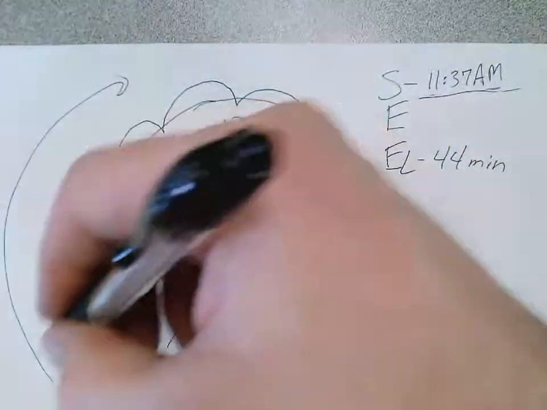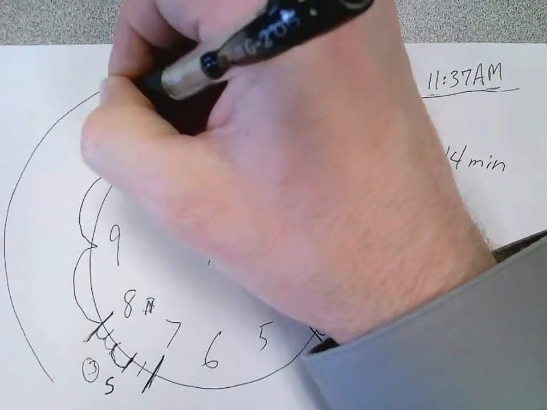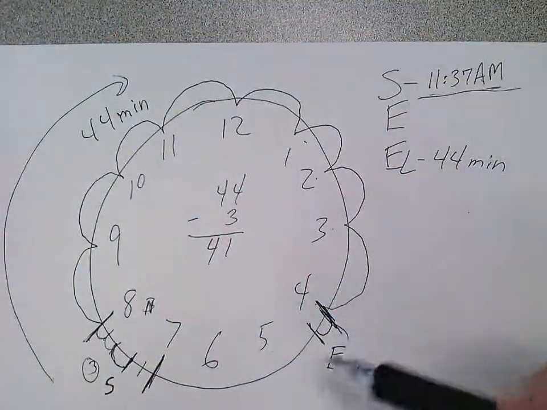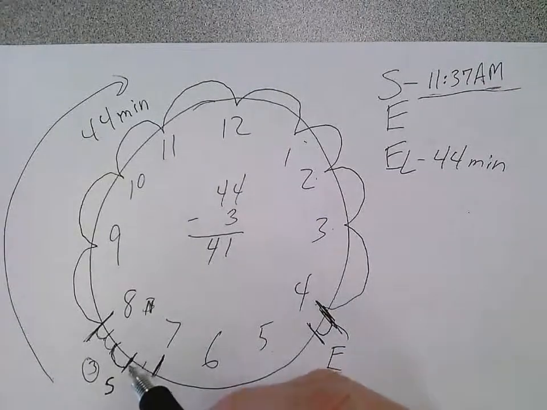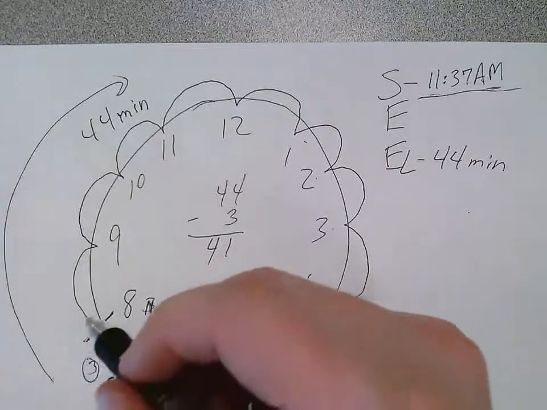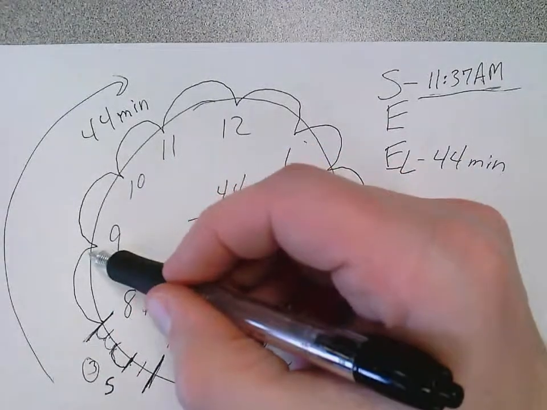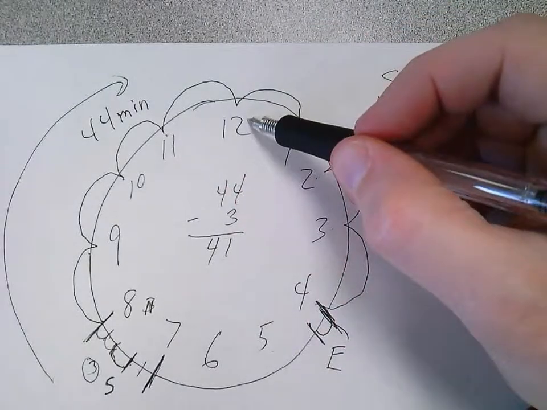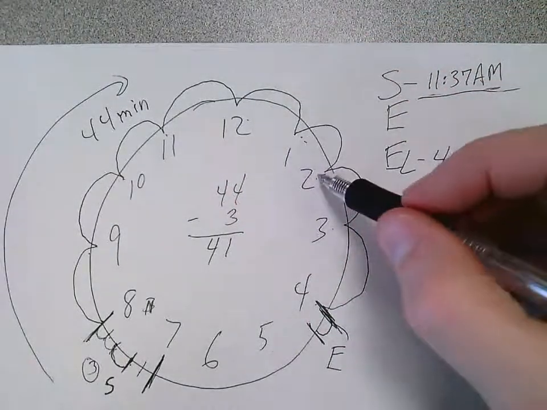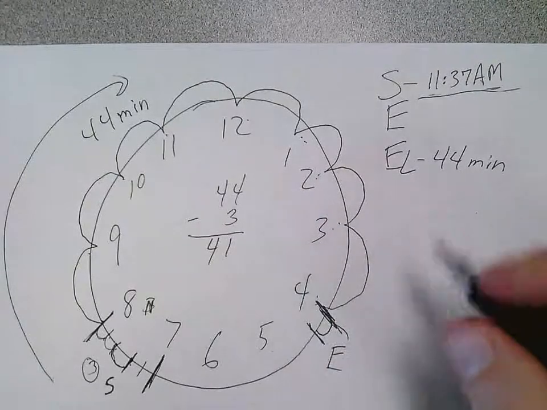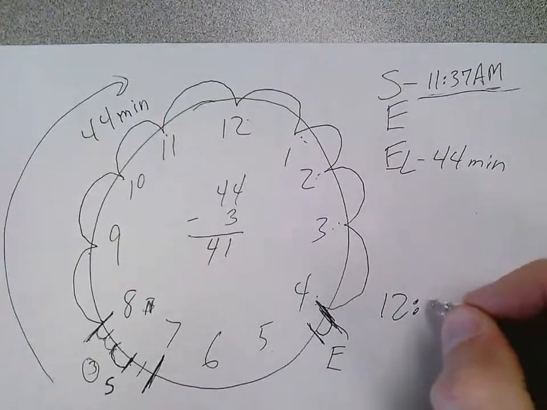So I traveled those 44 minutes clockwise around my clock to get to my end time. So it goes from 11:37, 11:38, 11:39, 11:40, 11:45, 11:50, 11:55, noon, 12:05, 12:10, 12:15, 12:20, and 12:21. So I end up right at 12:21.